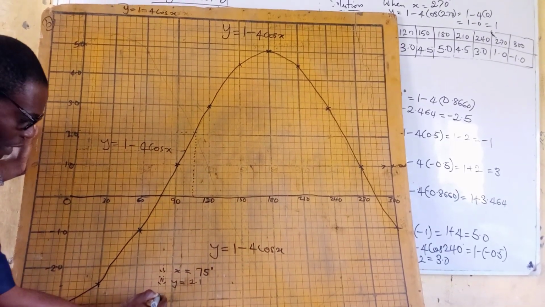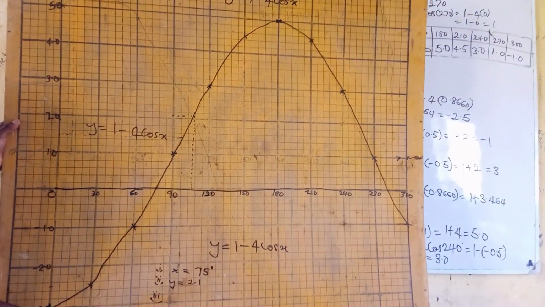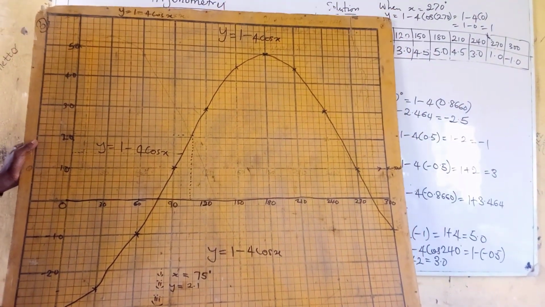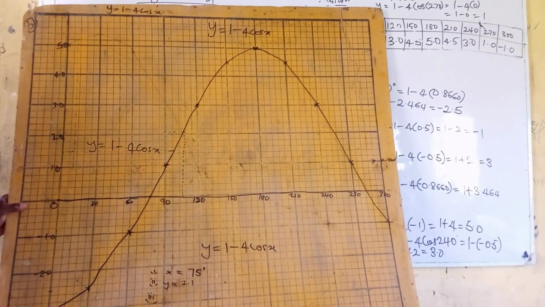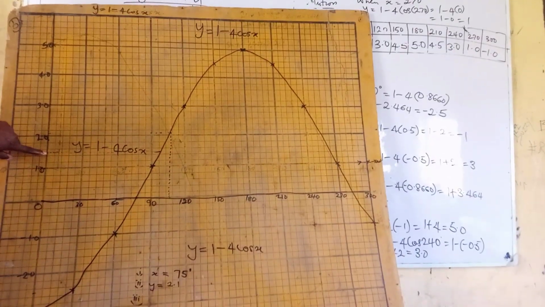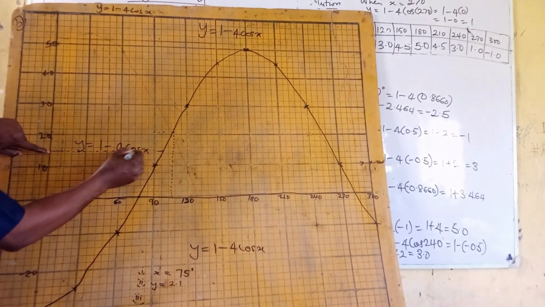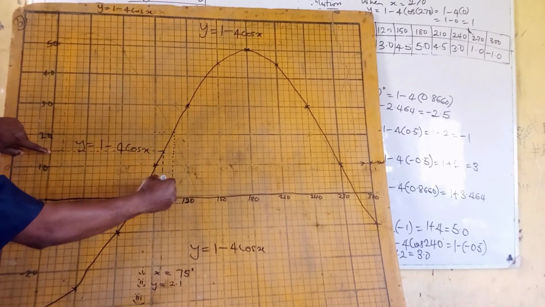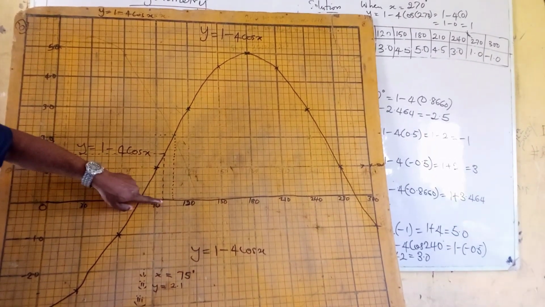Now, the third one, we are told to find the value of x when y is 1.5. So go to 1.5. This is 1.5. Now, trace it down. Then bring it down. This is 1.5. So we have it to be 96.